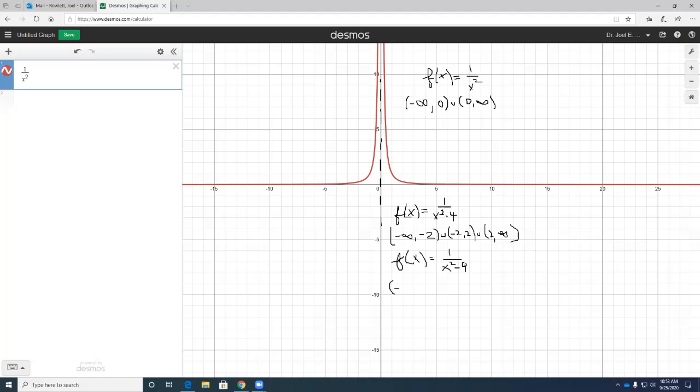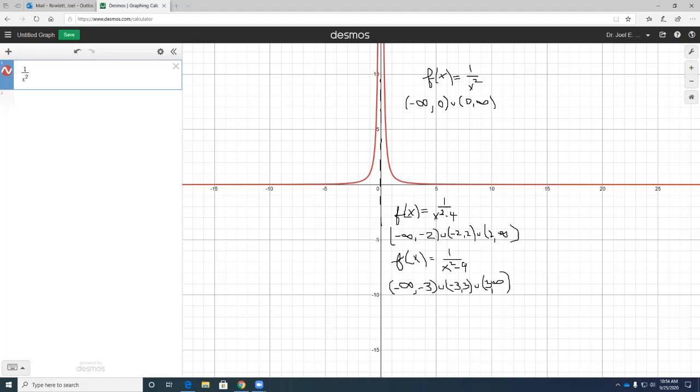Or we could write it this way. The domain is from negative infinity all the way up to -3, or anything between -3 and +3 would be allowed. And finally, we could pick anything larger than 3, not including +3, to infinity. So we could have written the domain that way.